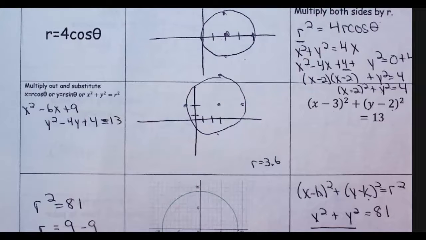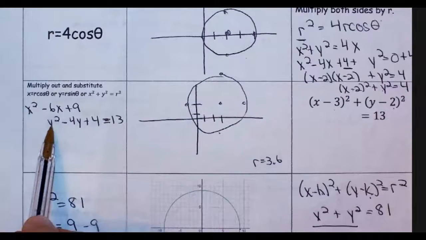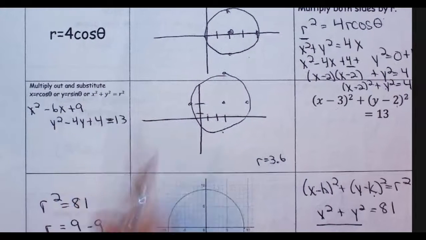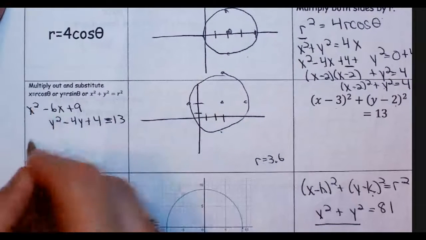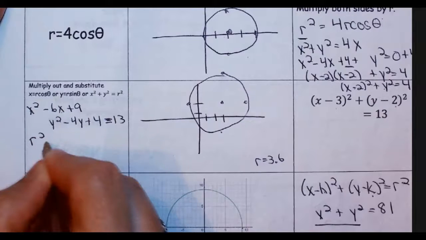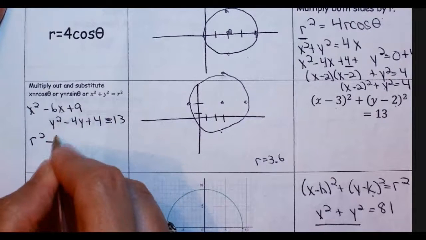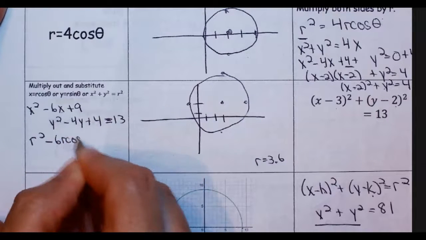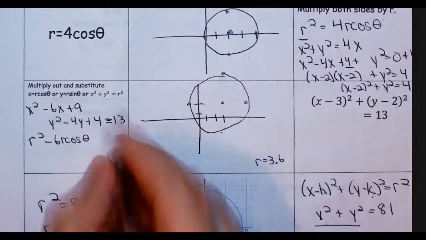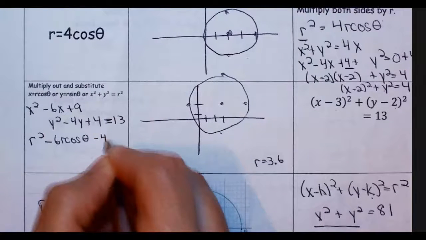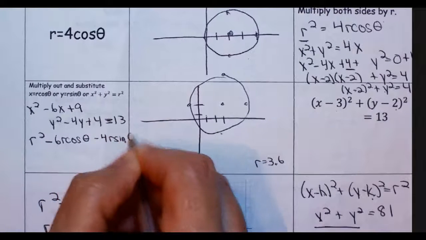Now remember, I don't want x's and y's, I want r's and thetas. Well, first of all, notice you have x squared plus y squared, and we know that's equal to r squared. So those two give me r squared. In place of the x, we can substitute r cosine theta. In place of the y, we can substitute r sine theta.